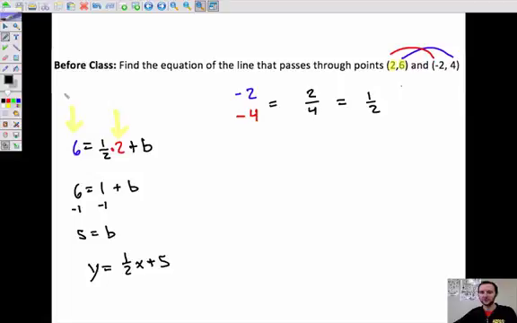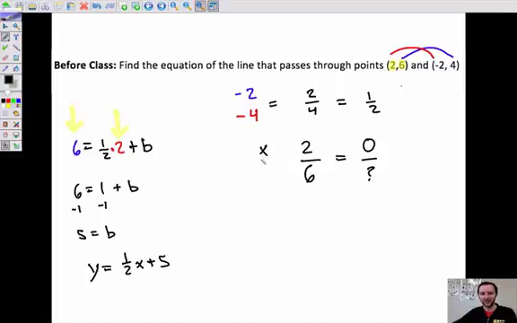Another way to look at this is you can think by using some proportional reasoning here. So if I have the point 2, comma 6, and I set up a proportion here, and I want 0, comma something, then all I have to do is think about what this means.